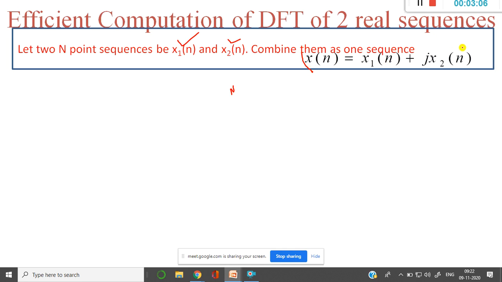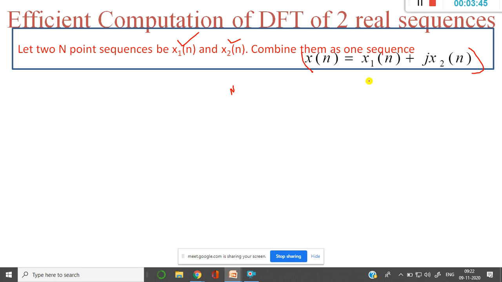So I have treated this as a complex number, though it consists of only real numbers, because you know that if there is an 8-point DFT, as I told you, if you find the first four DFT values, then the rest of the DFT values are just the complex conjugates, right? You already know this concept.